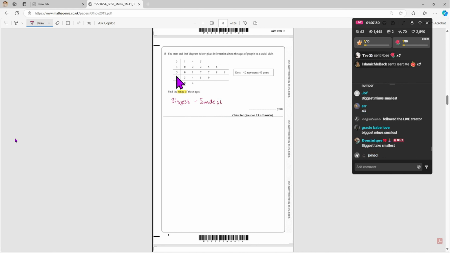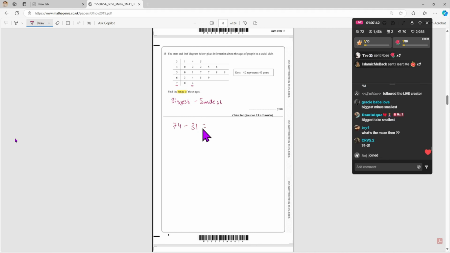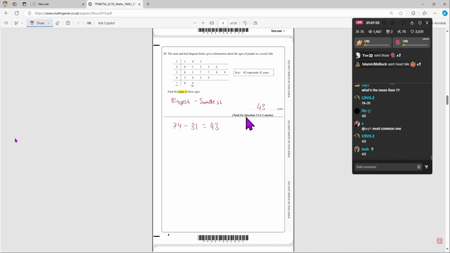Now, the biggest age is 74, minus the smallest age, which is 31. Then 74 minus 31 is 43. Then the range of these ages is 43 years.